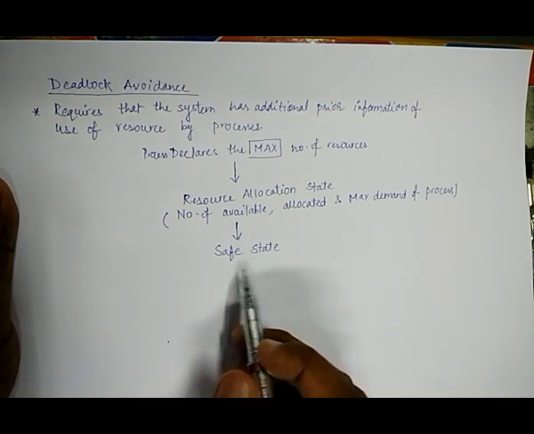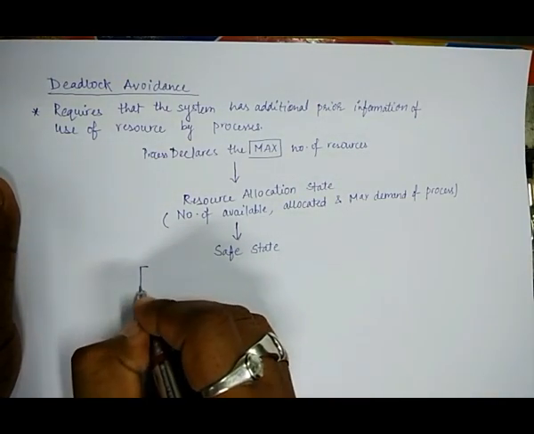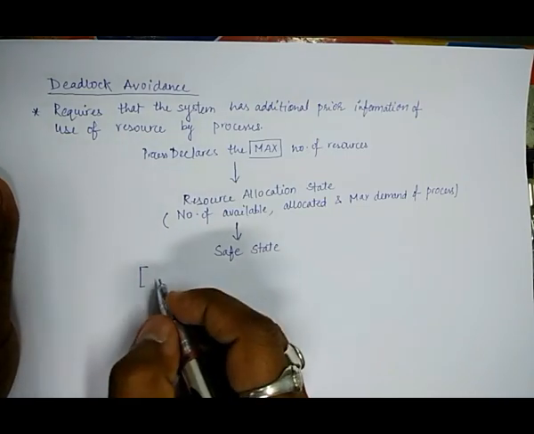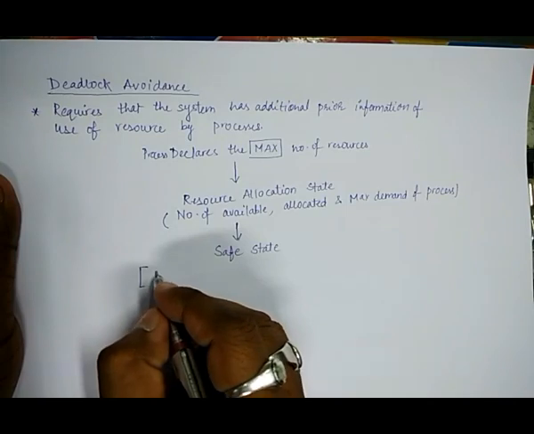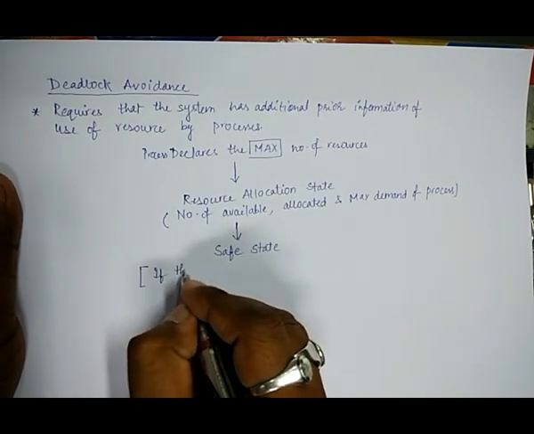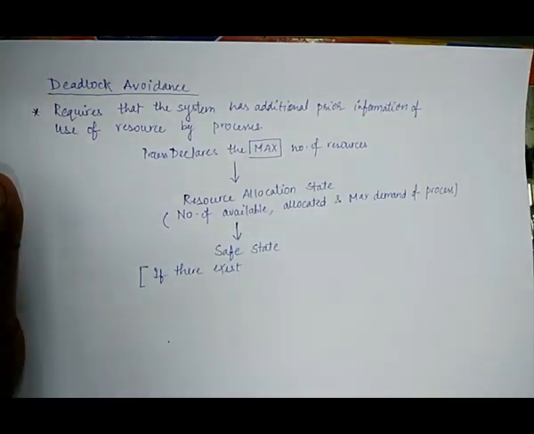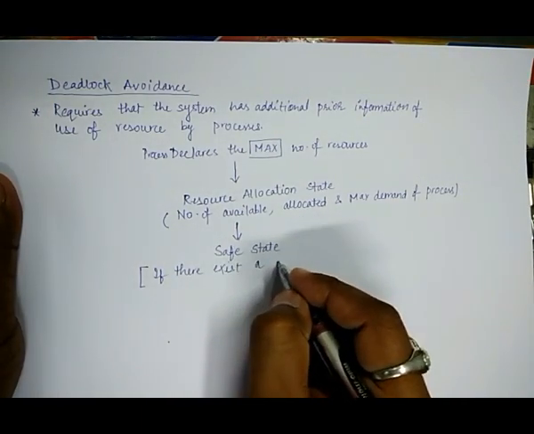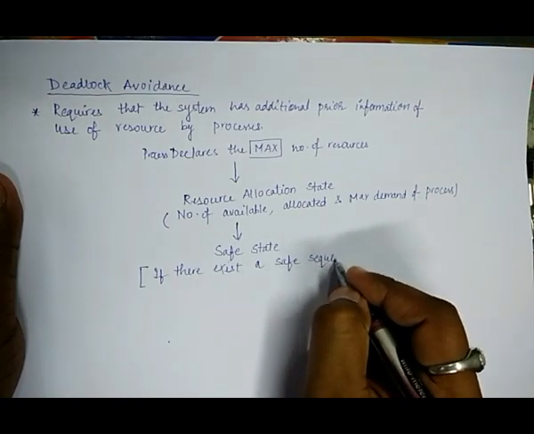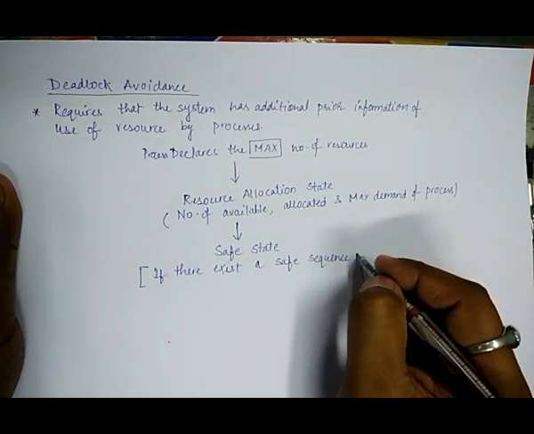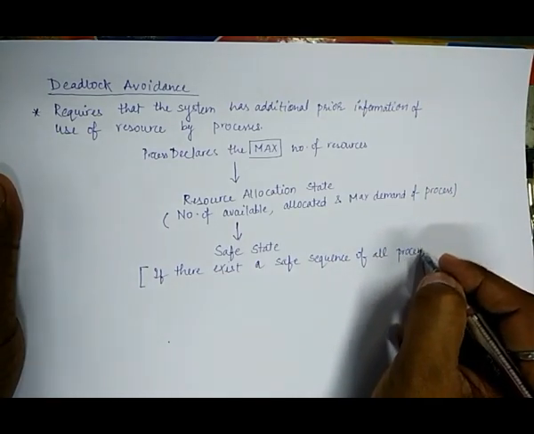Now what is the funda of this safe state? A system can be in safe state if there exists a safe sequence of all processes.